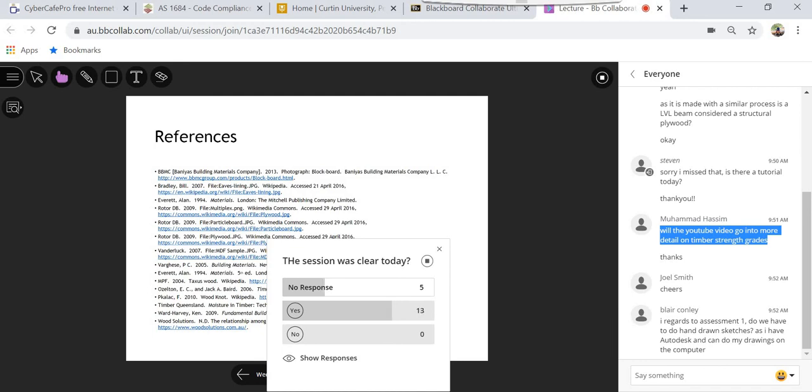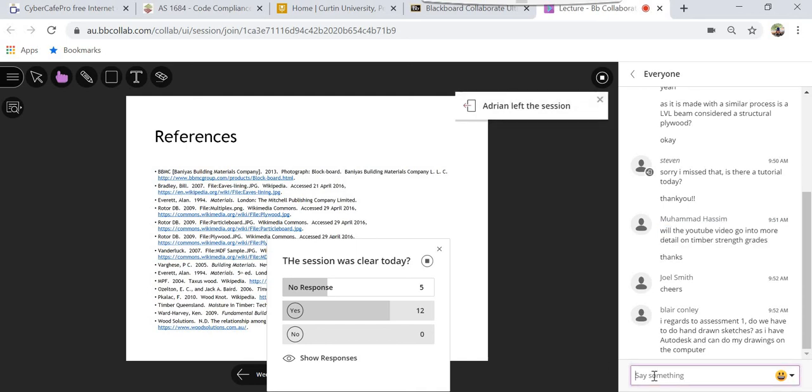Blair, it doesn't matter whether you use hand-drawn sketches or AutoCAD or Autodesk, because we typically want students to still do hand drawing, since they may not know how to do AutoCAD or Revit. But if you know how to do it, just do it.